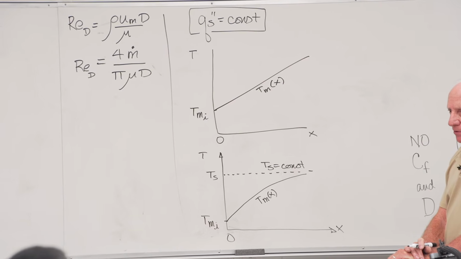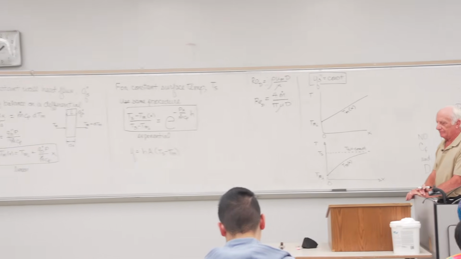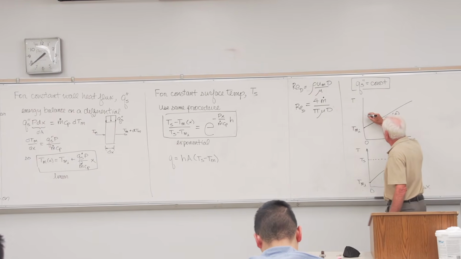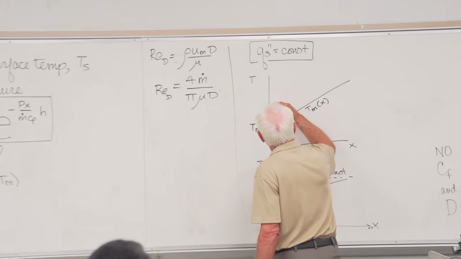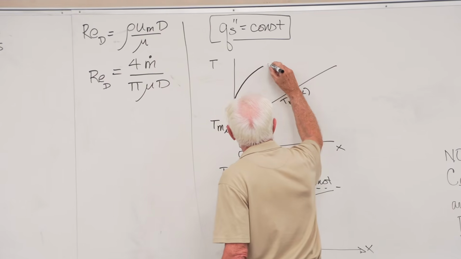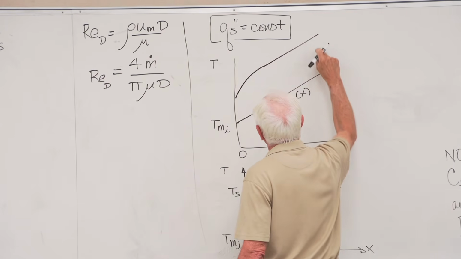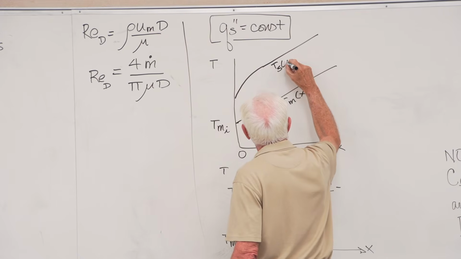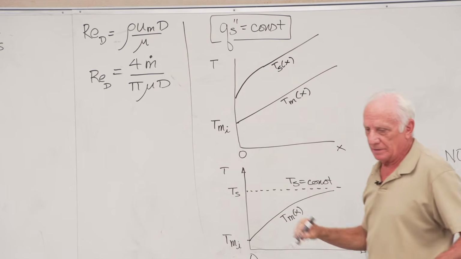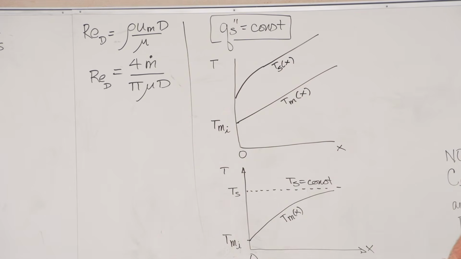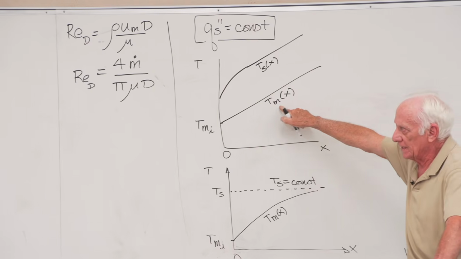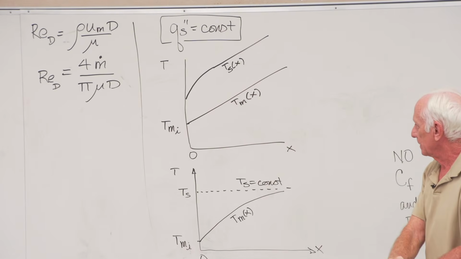The author also throws in, for interest's sake, how the surface temperature varies here. It comes up like this, then it is parallel to this one here. This is T surface of X. We don't have that equation on the board, but he does mention it in the textbook. We're more interested in how the mean fluid temperature varies with X, the two boxed equations over there.